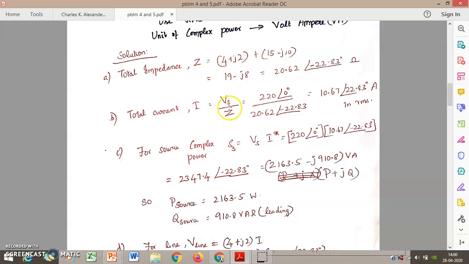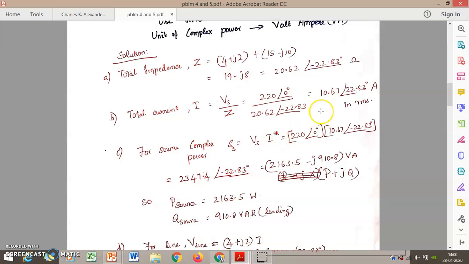So substituting this Z here, we can calculate I. What we are doing? Substituting Vs and Z. Magnitude should be divided. Angle should be subtracted. So 0 minus of minus 22 will get 22.83. The value will be in RMS. Now we can substitute this I here. See what is the difference? S equal to Vs into I conjugate.